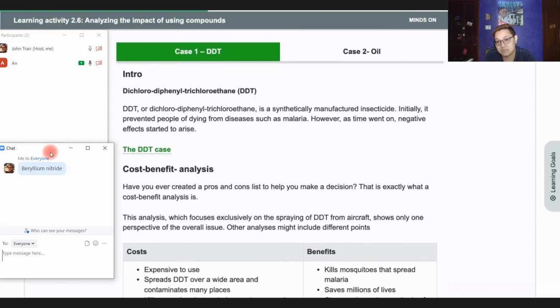Cost-benefit analysis. Have you ever created a pros and cons list to help you make a decision?